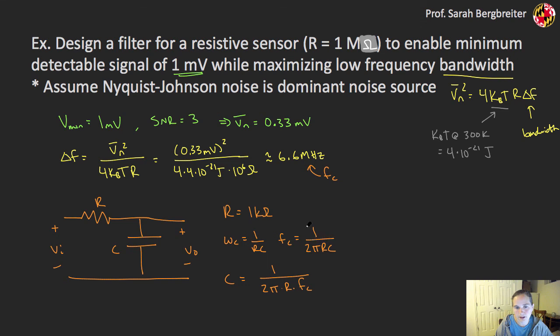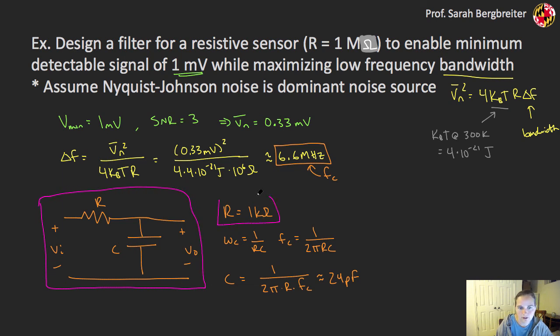Here I plug in the 6.6 megahertz. That is my corner frequency. That's my delta F that I can get out of this. And I'm going to get a capacitance of approximately 24 picofarads. Right, so this is my filter design now. I have this topology. Right, so my filter is a low-pass filter.